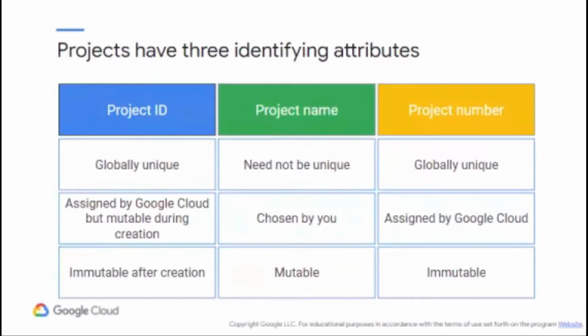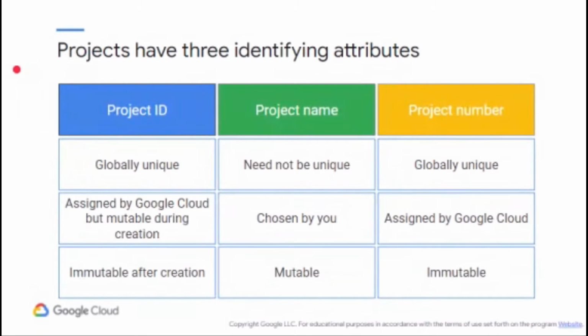While completing the first lab, you must have seen that project ID, which was present in the left panel when you clicked on the Start Lab button. It was generated. So the project ID is globally unique, the name is not unique, and the number is also unique, and all these three attributes define a project.